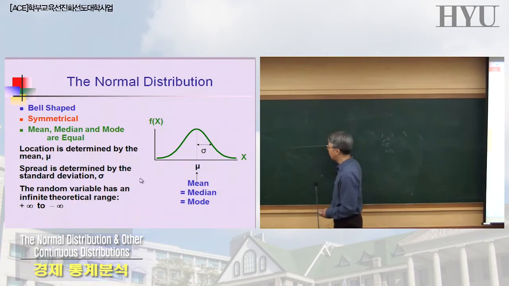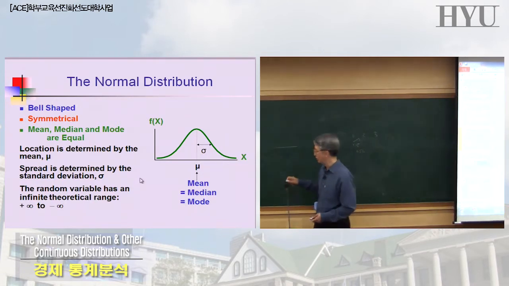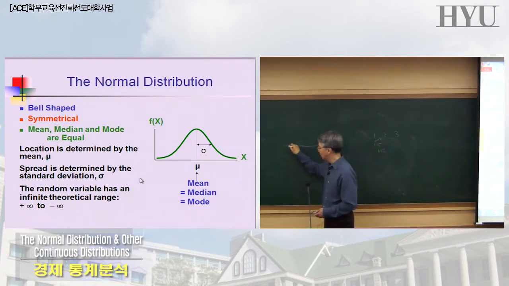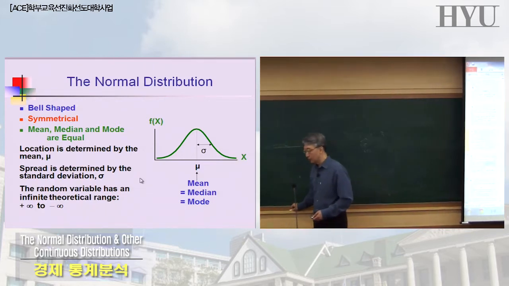If you go to a baseball stadium, the ground on which the pitcher stands is a little bit higher, maybe 1 foot. So there is a little mound, and the pitcher stands there and throws to the catcher. That's what we call mound shape.